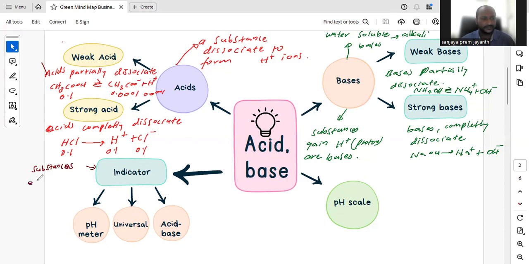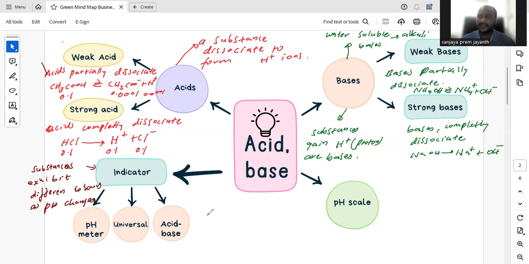Substances that exhibit different colors as pH changes. The very common one is the acid-base indicator. We commonly use acid-base indicators to identify whether it's acid or base.